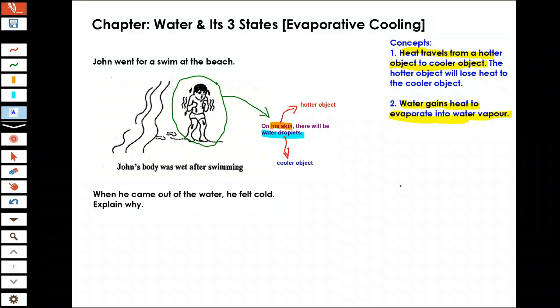If we apply concept number one, about heat traveling from a hotter object to a cooler object, from all the things we have jotted down, we can conclude that the water droplets will gain heat from his skin.